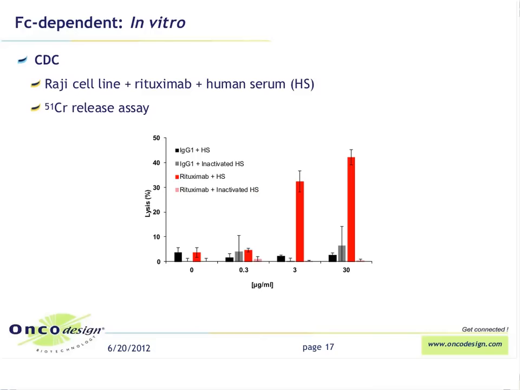These three negative controls should be tested in order to be sure of the specific effect evaluated. And we clearly see here that we only observe an increase in lysis in presence of 3 or 30 micrograms per ml of rituximab in presence of human serum.